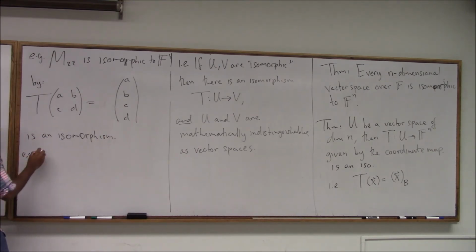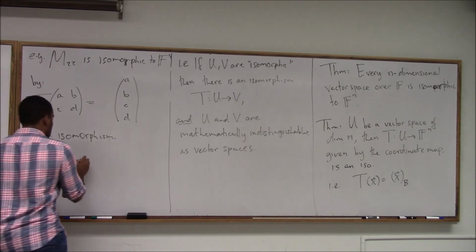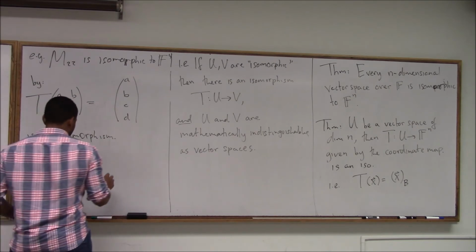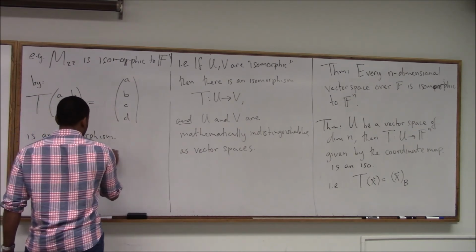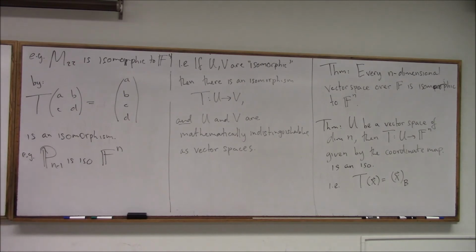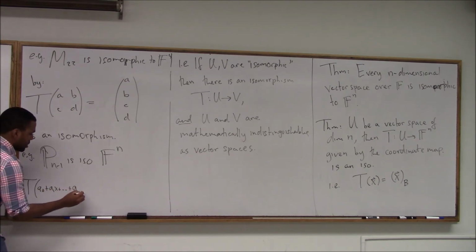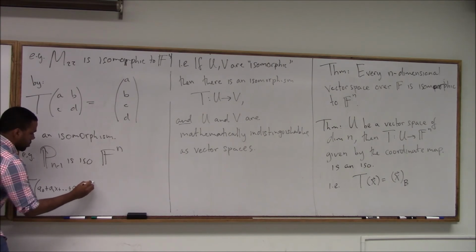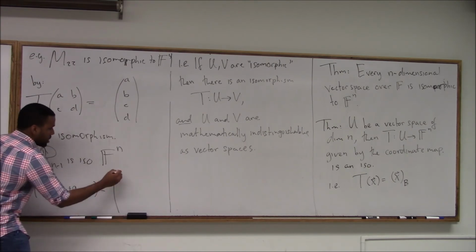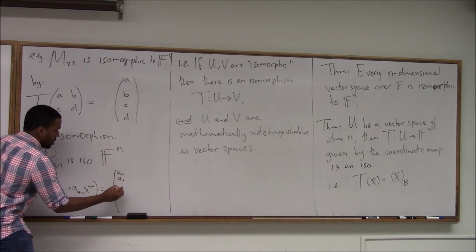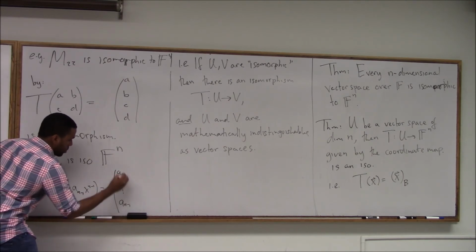Another example is the set of polynomials of degree n minus 1 is isomorphic to Fn, by, if I take T of A0 plus A1x plus and so on, plus An minus 1 x to the n minus 1, I can output that to the vector A0, A1, ..., An minus 1.